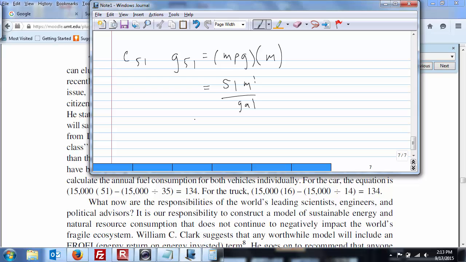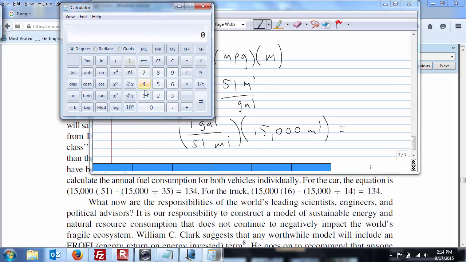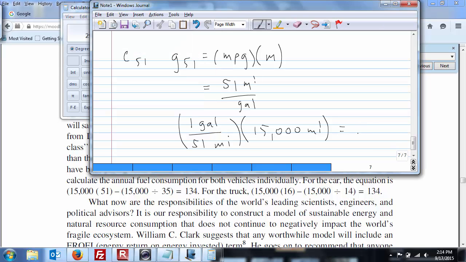It's going to be 1 gallon for 51 miles. And if we multiply that by 15,000 miles, what's that come out to? 15,000 divided by 51 equals 294.